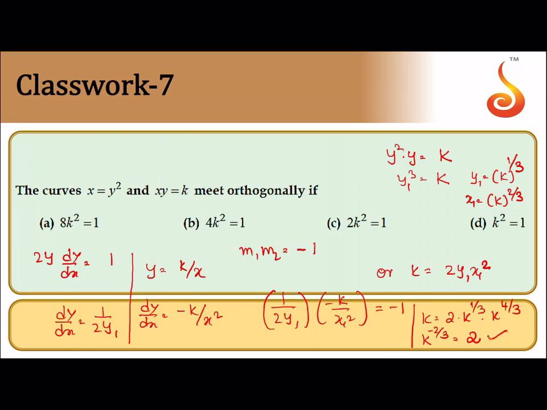So we get k to the power 5 by 3, and 1 minus 5 by 3 is minus 2 by 3. So k to the power minus 2 by 3 is equal to 2. So we cube both sides.